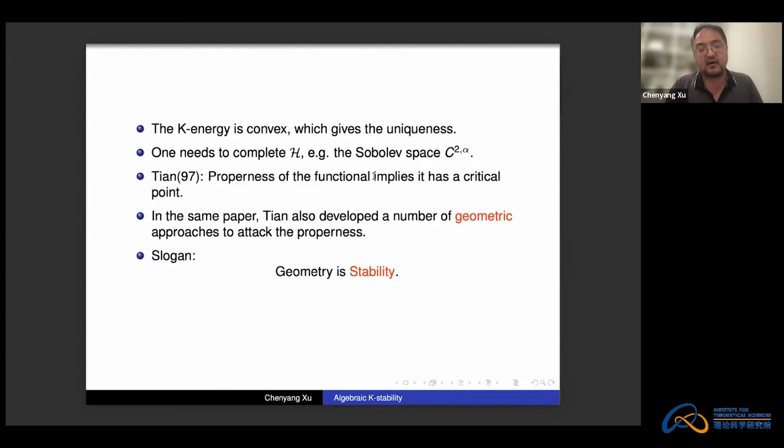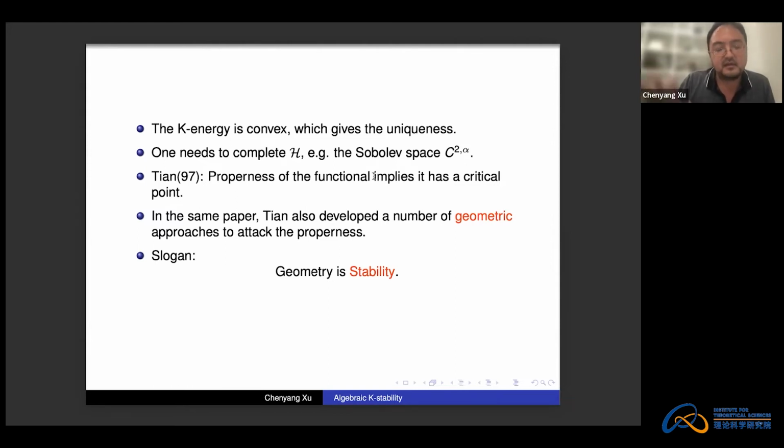And so somehow I think in this famous paper, stability really became clear to play a very important role in the solution of the Kähler problem.